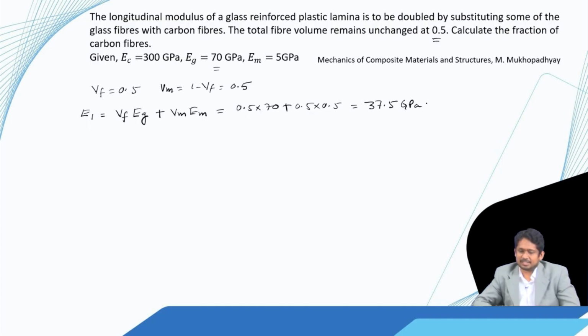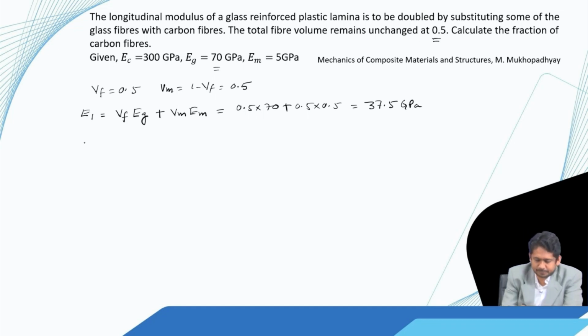Now, we want to replace part of the glass by carbon. So, once we do that, the glass fiber is going to reduce in volume. So, it will have a new volume fraction and carbon fiber will have some volume fraction. So, the reduction in the glass fiber volume fraction would be compensated by carbon fiber volume fraction. So, let us say that in that new composite the glass fiber volume fraction is Vg and carbon fiber volume fraction is Vc.